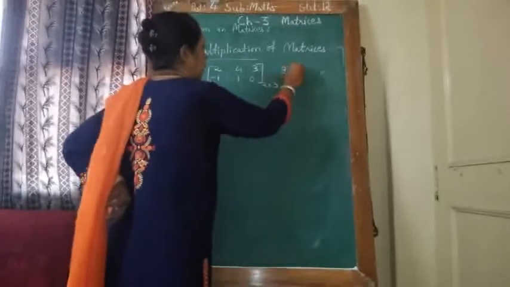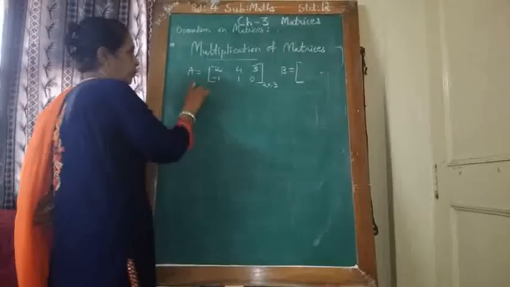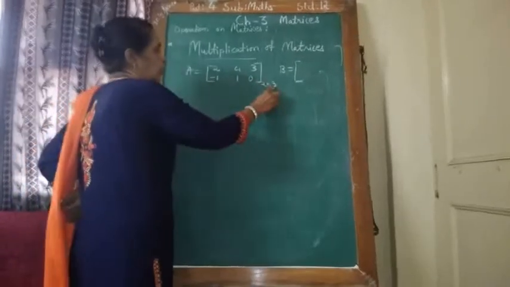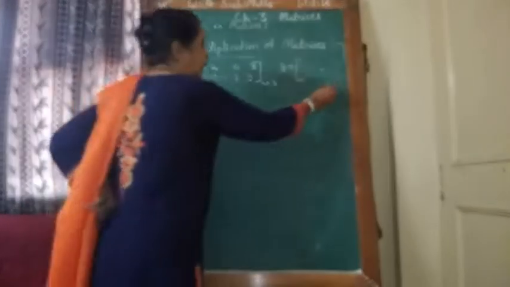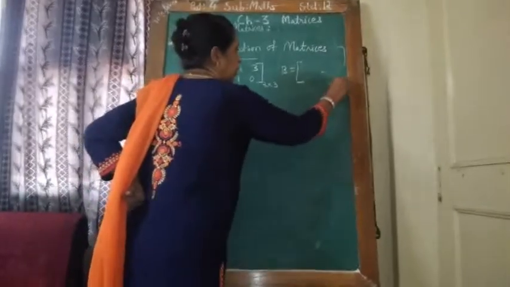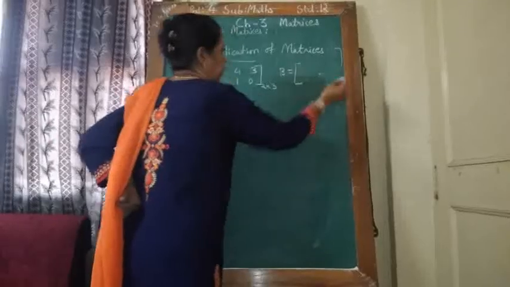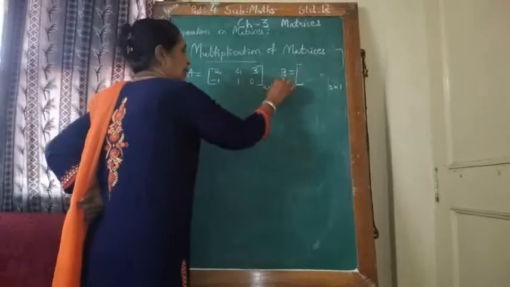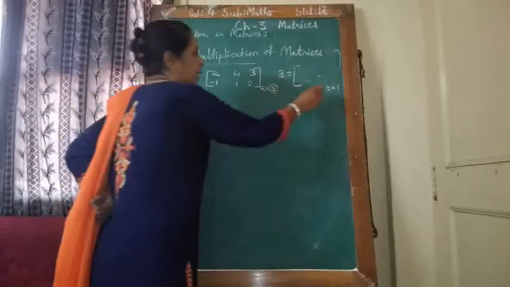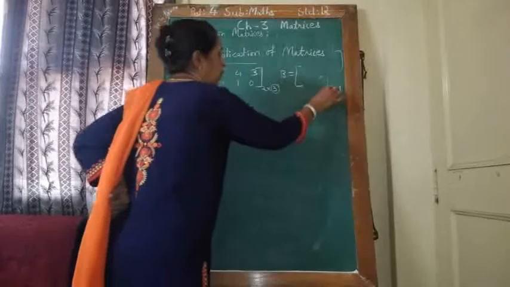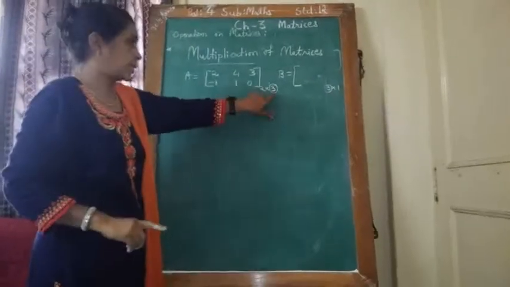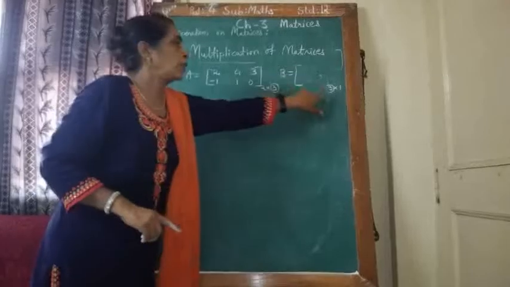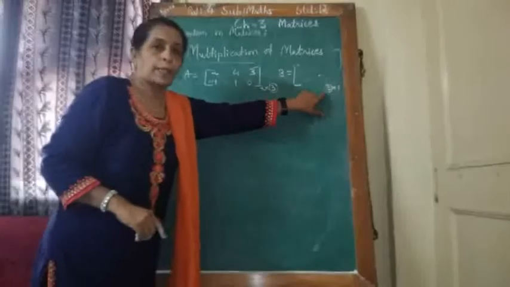And B is equal to... see all of you, here the order of A is 2 cross 3, so the B matrix has order 3 cross whatever you write, 3 cross 1 or 3 cross 3. But the number of columns of the first matrix must be equal to the number of rows of the second matrix.